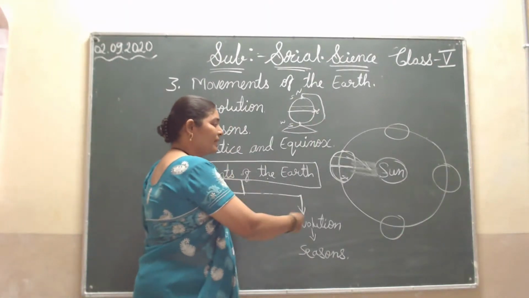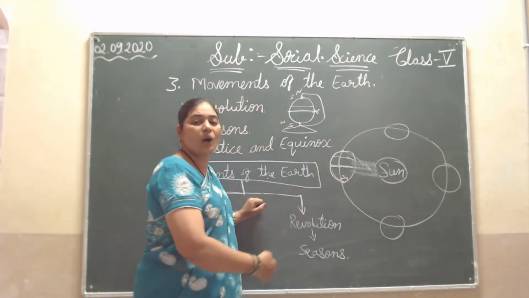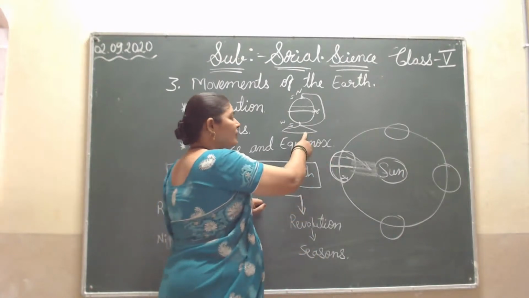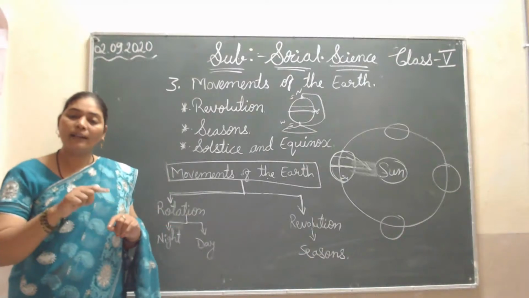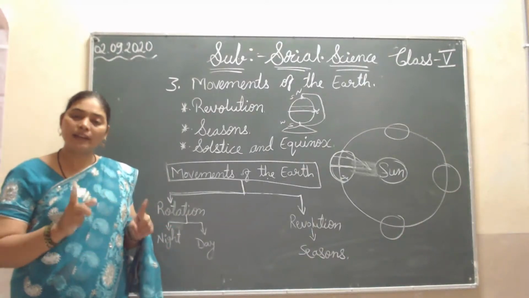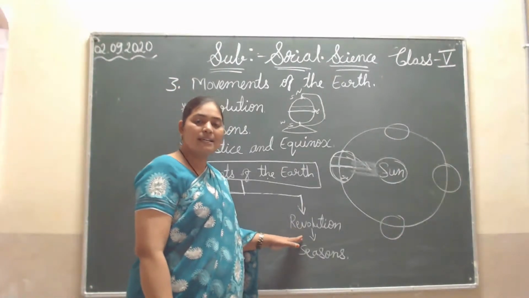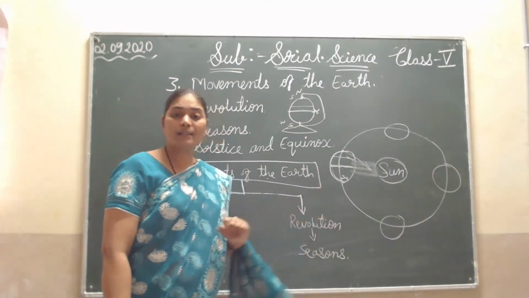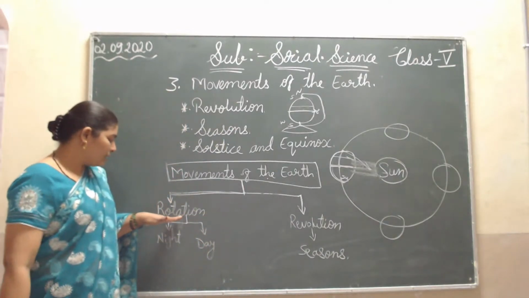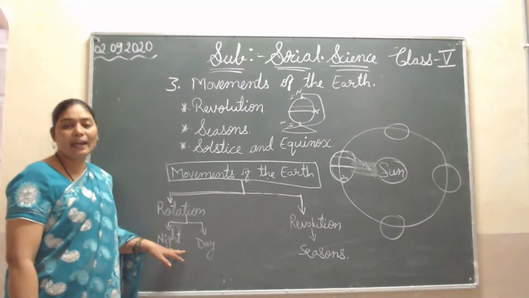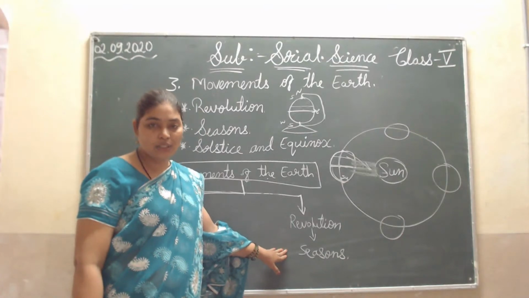But revolution means it moves around the sun on its orbit. Rotation causes day and night. Revolution causes season. Understood?